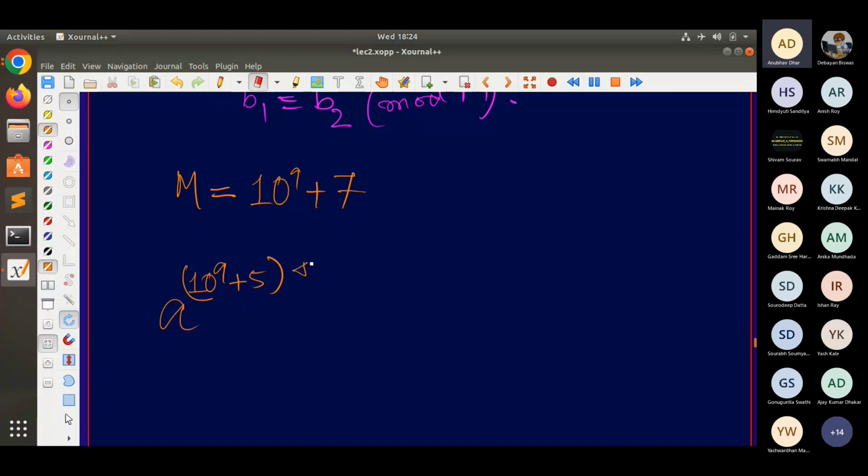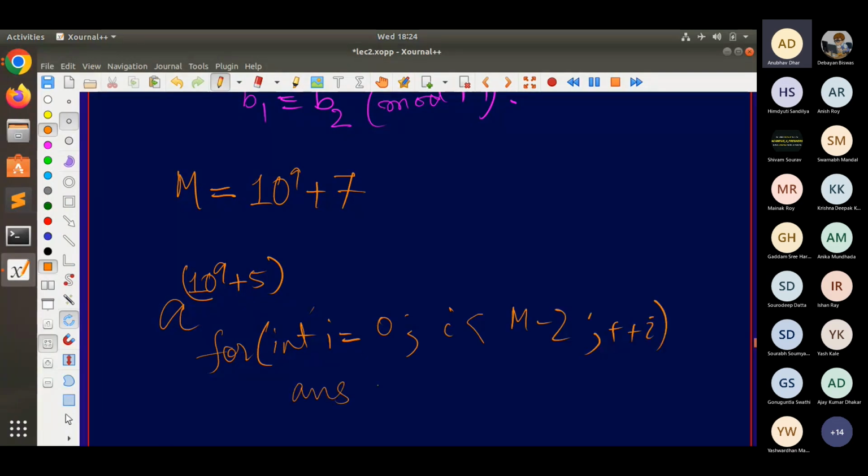So for using an algorithm such as for int i equal to, let's say, something like this, i is less than m minus 2, plus i, answer times equals A percentage m.